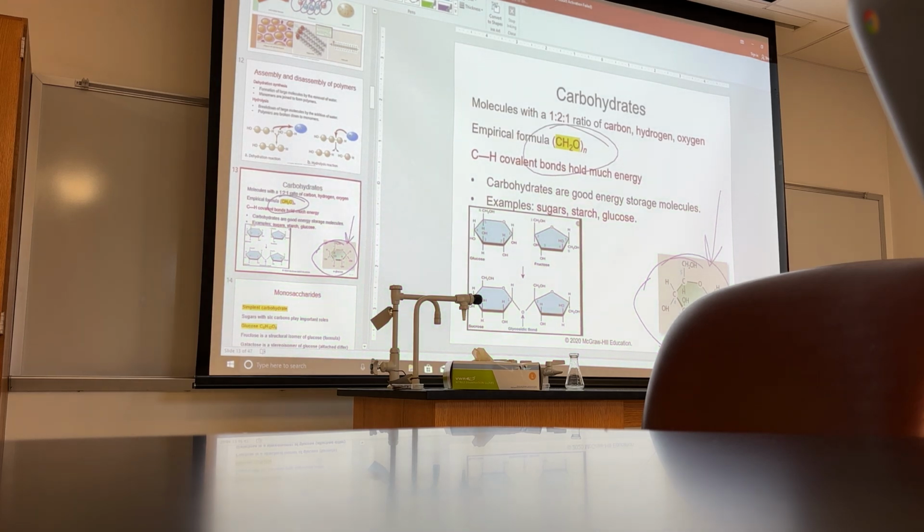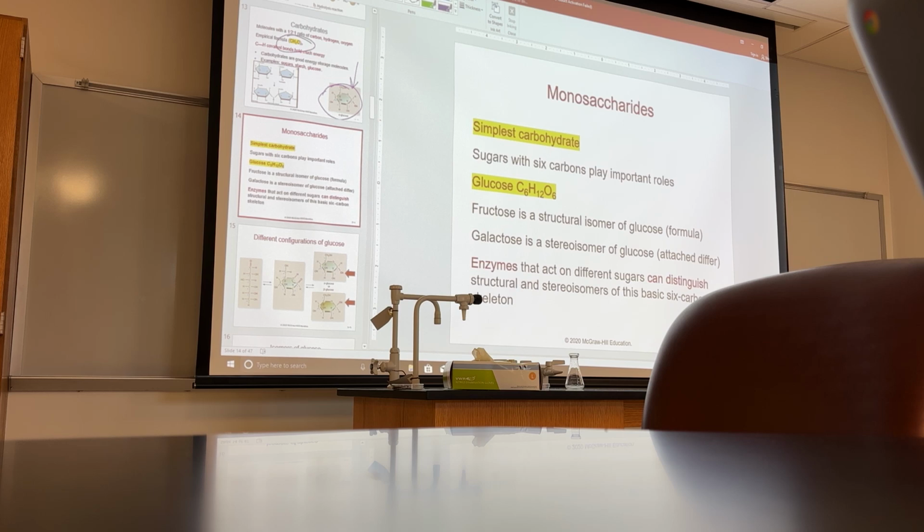All you hear about is glucose, right? So it's the most common one, and this is glucose. The formula has carbon, hydrogen, and oxygen, an incredible number of all of those, actually. The individual one is called a monomer. Mono just means one.